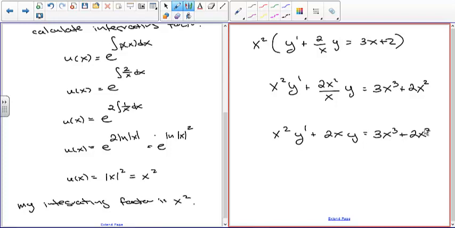So now I've got it in a form where it fits the product rule, and you can combine those two terms into one term. So it becomes the derivative of x squared y. So the left-hand side collapses into a single term.